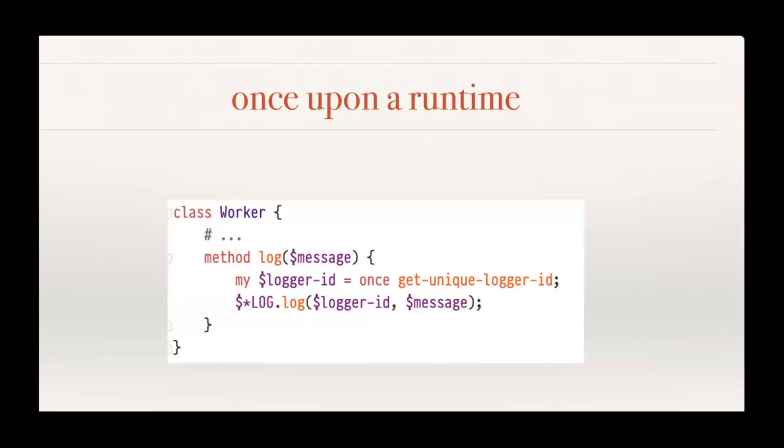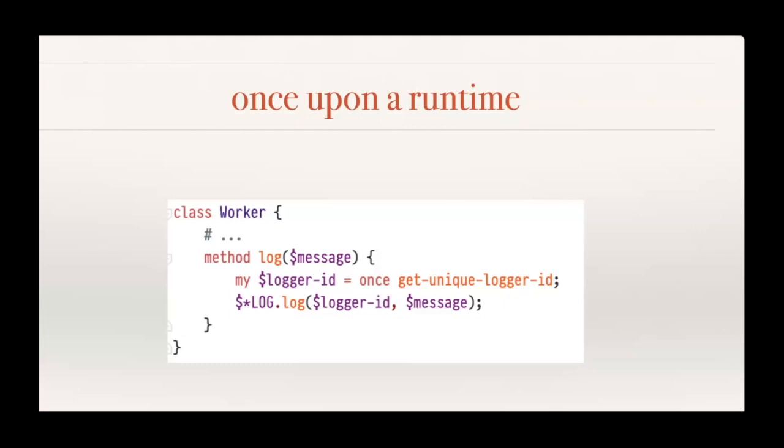In this hypothetical situation, we have a logging implementation that we don't want to integrate too deeply into our worker implementation. So for instance, we would prefer not to give our worker objects a logger ID attribute, even though it needs to keep a static logger ID for its lifetime, because the entire logging infrastructure is being rethought anyway. And we don't want that to become a worker attribute. So this gives us similar semantics in that we can set something that is static for the life of the runtime.